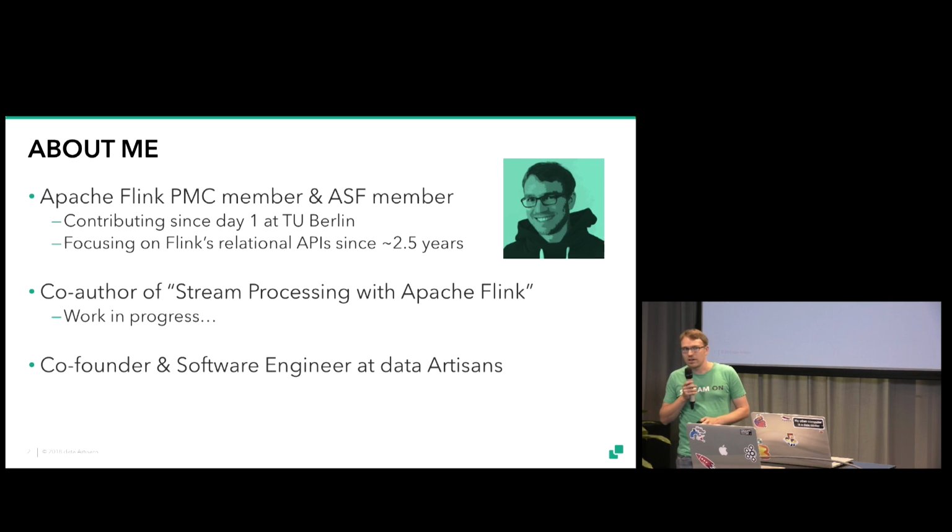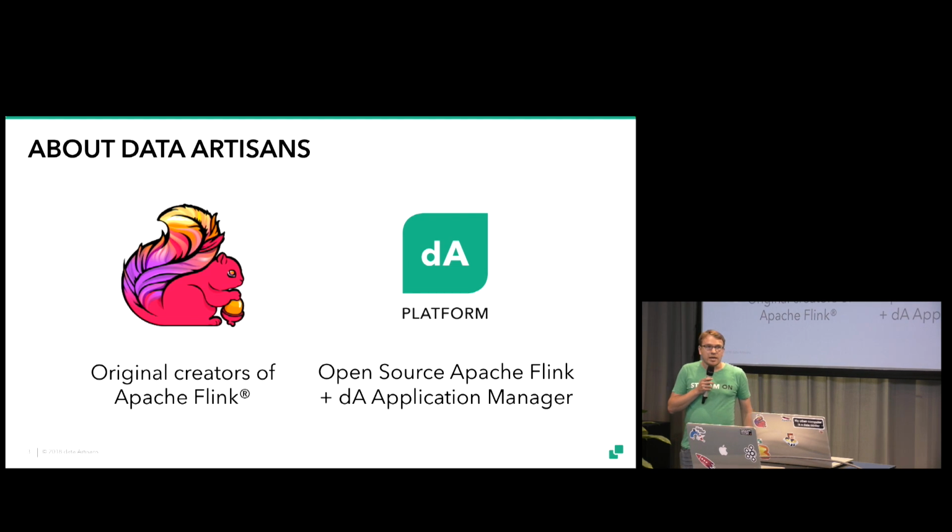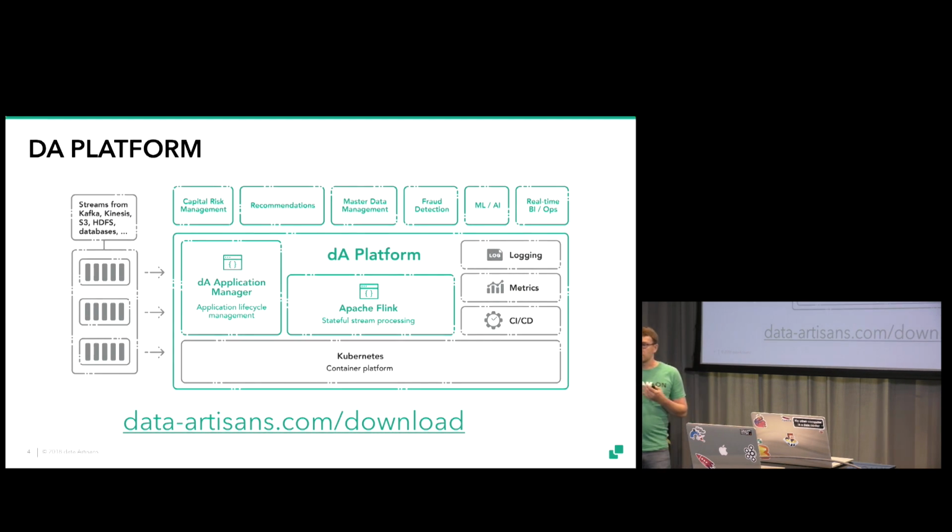I'm also a co-founder of Data Artisans, a startup based here in Berlin. It was founded by the original creators of Apache Flink, and we're providing a solution called Data Artisans Platform, which integrates with Apache Flink and has a component called DA App Manager, which is meant to make the lifecycle management of streaming applications much easier.